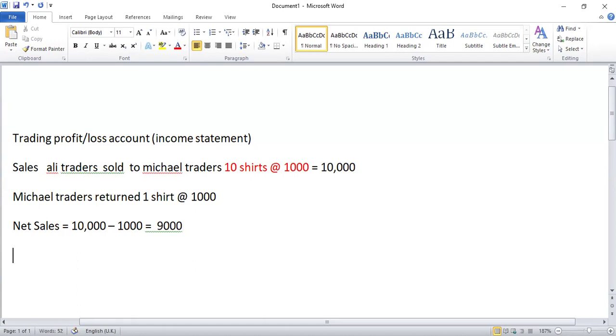Therefore, we normally say net sales is equal to sales subtract sales return. We also call it return inward. That is the net sales: you take the sales and subtract the sales return, or the return inward.